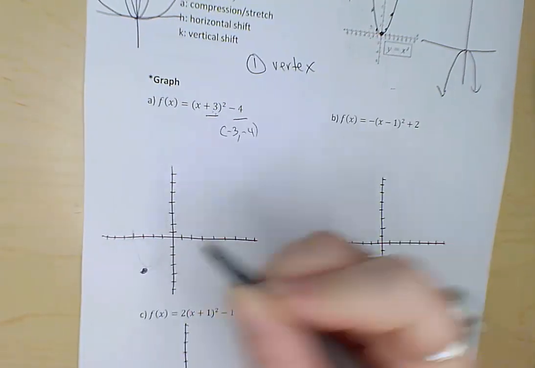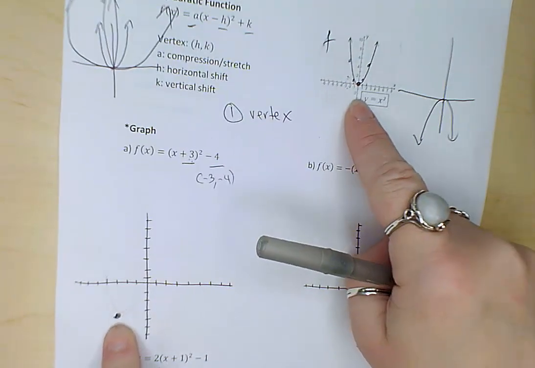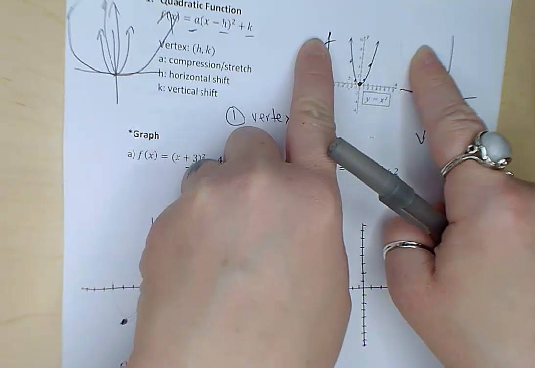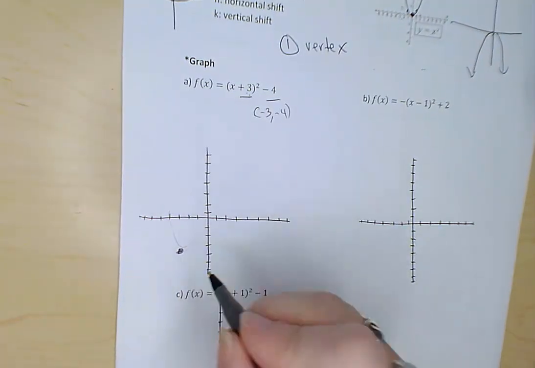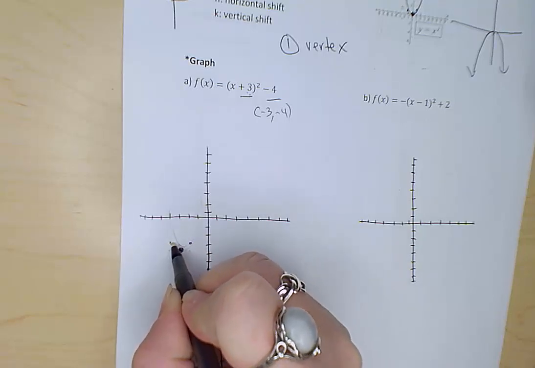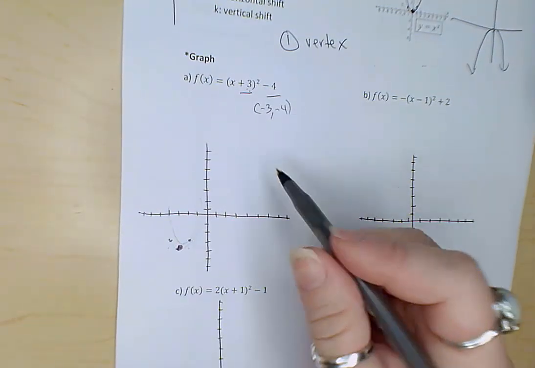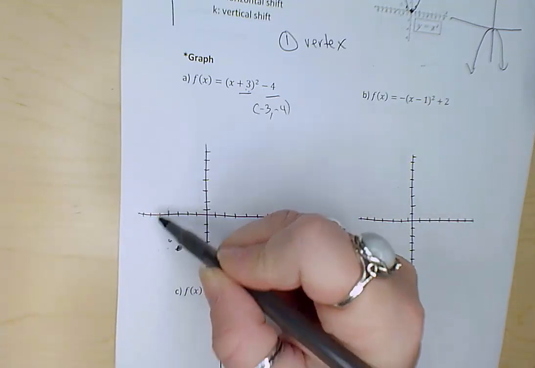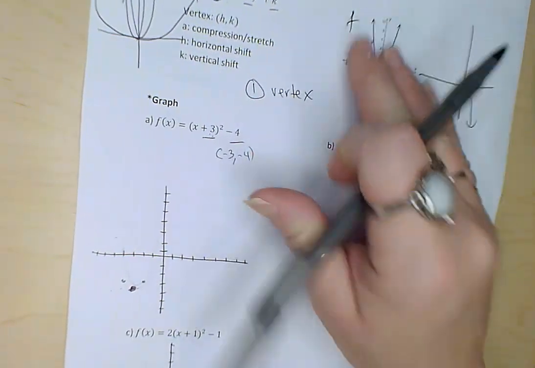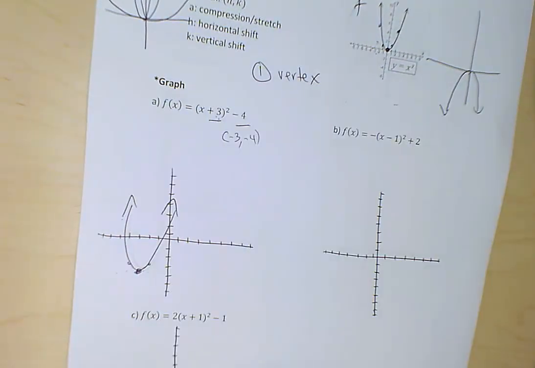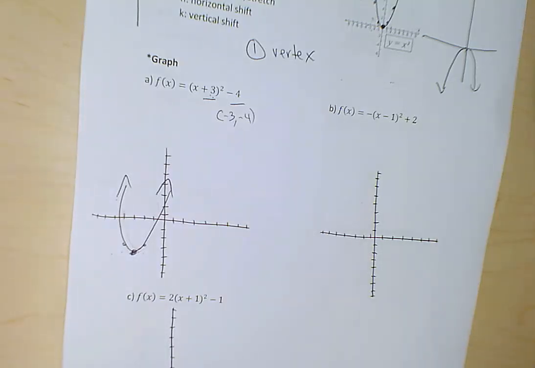From our vertex, our next points are over 1, up 1 in either direction. So from here to the right 1, up 1, to the left 1, up 1 for our second and third points. If we wanted to, we can go over 2 and up 4 from here, over 2 and up 4 from here, following the same motion. Connect your dots, and that is a quick sketch of what your graph would be.